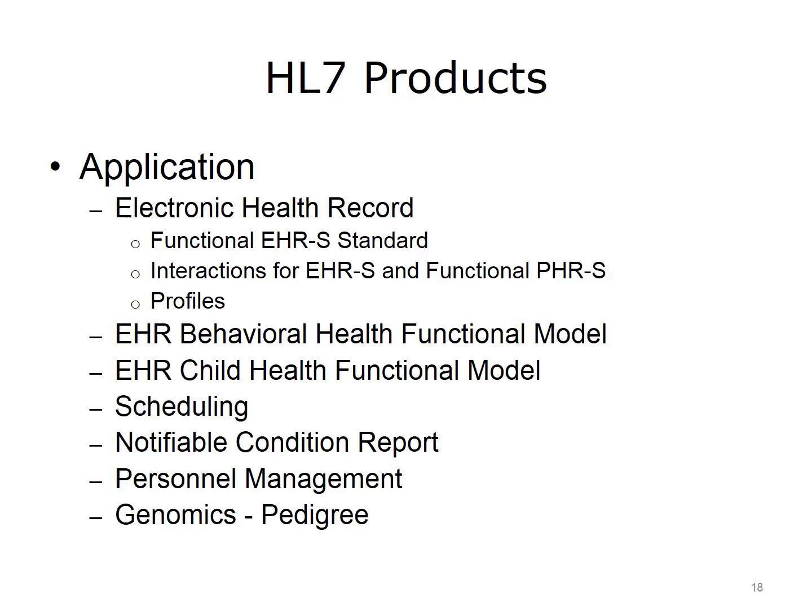Notifiable conditions reporting defines required reporting, for example, for communicable diseases, infectious diseases, sexually transmitted diseases, STDs, and such. Personnel management includes standards that support reporting and the exchange of data relating to personnel management. The genomic standard is rapidly being used for sharing family histories, constructing family trees.